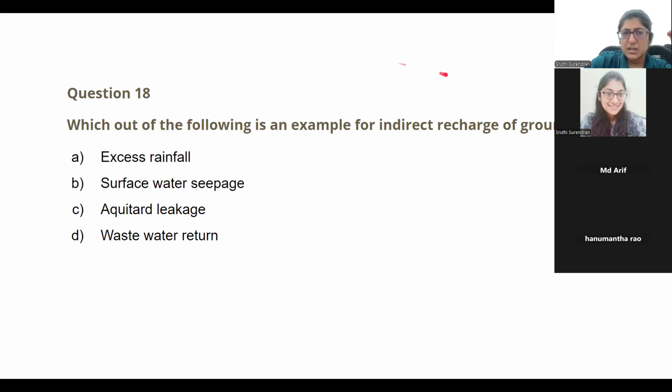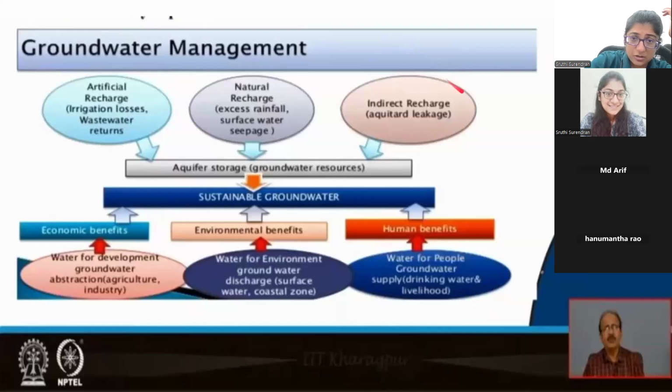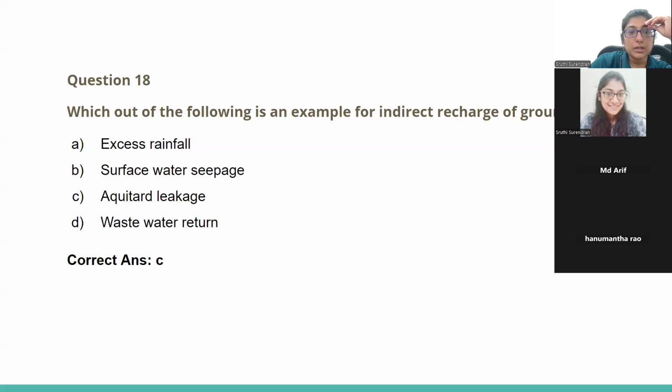Okay, so we had gone through this portion. Indirect recharge involves aquitard leakage. This is one source of indirect recharge of groundwater. These are some techniques of artificial and natural recharge. Excess rainfall, surface water seepages and all come under natural recharge. Irrigation losses, wastewater returns come under artificial recharge techniques. So the correct answer for this question would be option C, aquitard leakage.